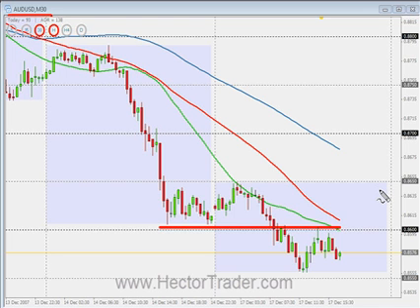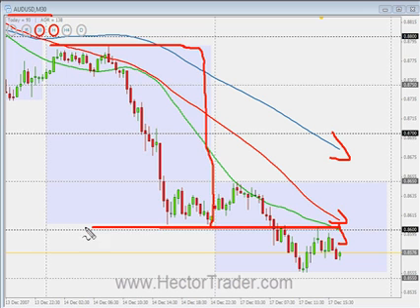It certainly looks valid, overall. Basically we have a more or less clear downtrend as far as the moving averages go, even though most of this down move was generated last Friday with this massive 200 pip drop.